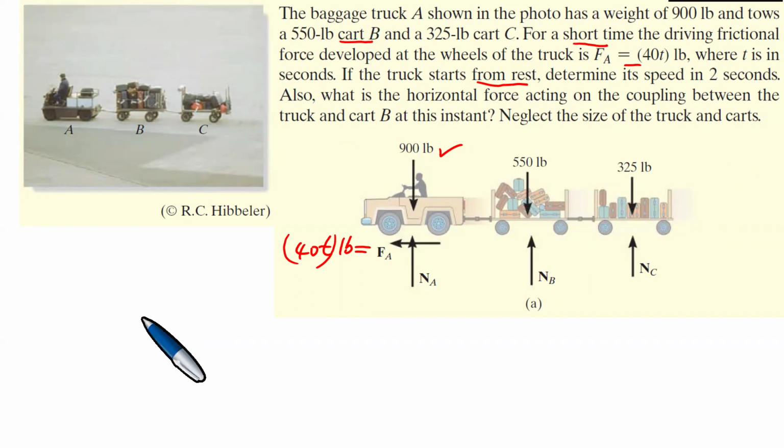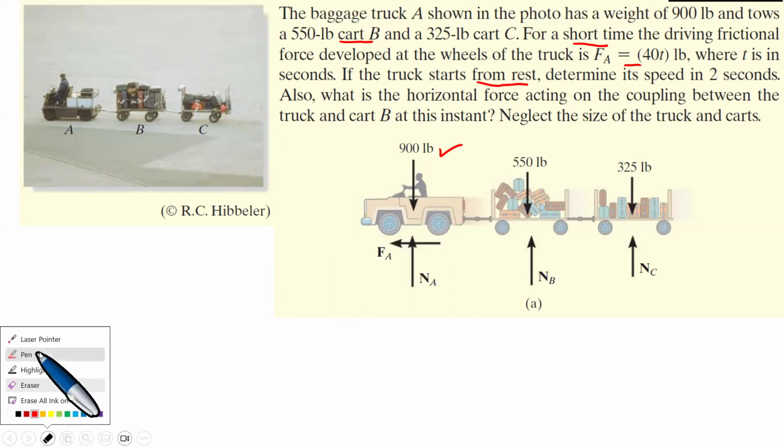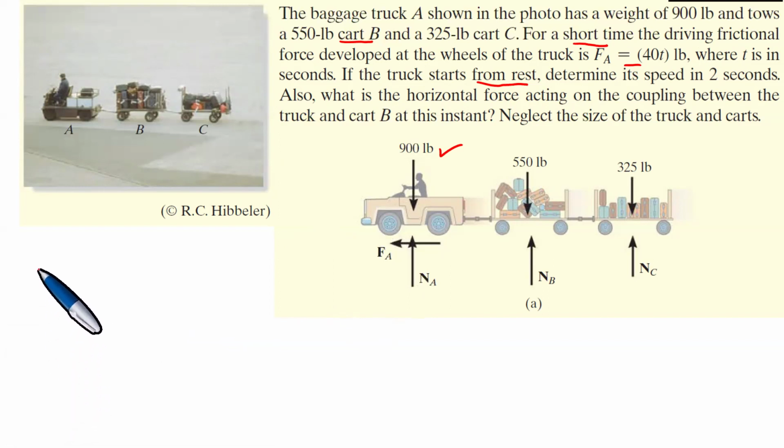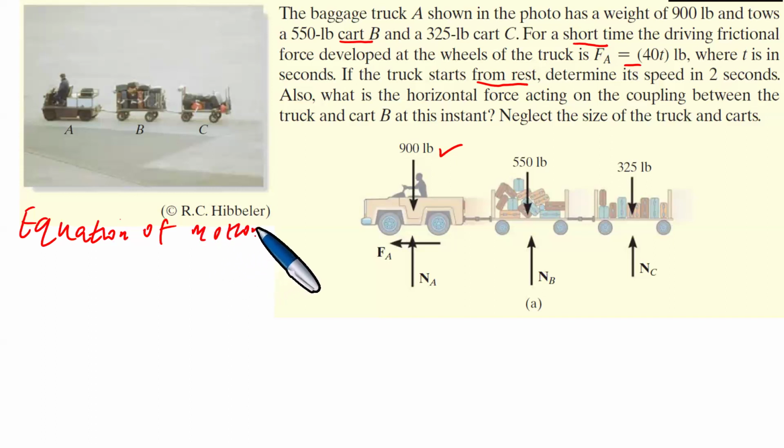Okay, let us look at what is happening here. Always, when we start these kinds of topics, the questions, we look at them in one way only, and we say, we look at the equation of motion. What is the equation of motion?